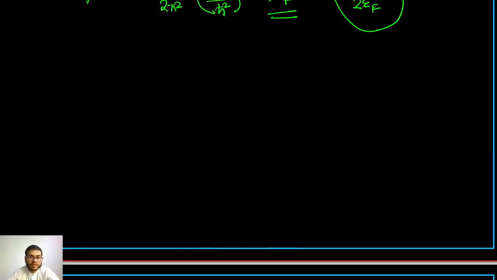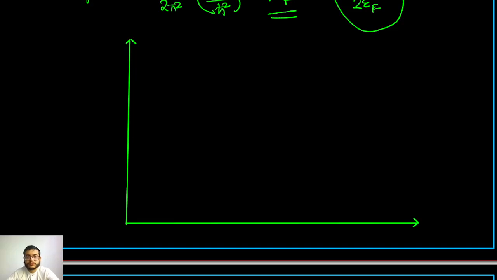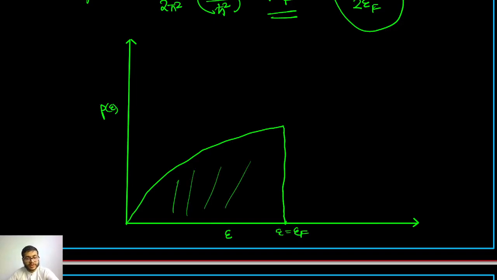So in the whole, the density of states will be looking like this. Then it will suddenly drop to 0 when E equals EF, and this is rho. And if you integrate the area, you will get the total number.